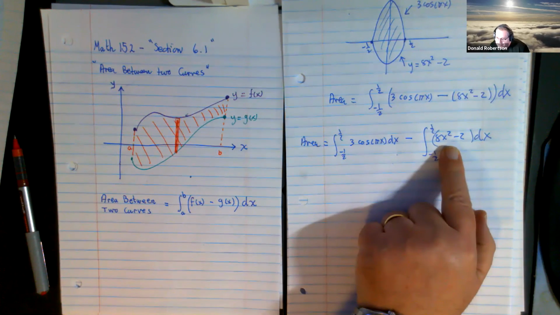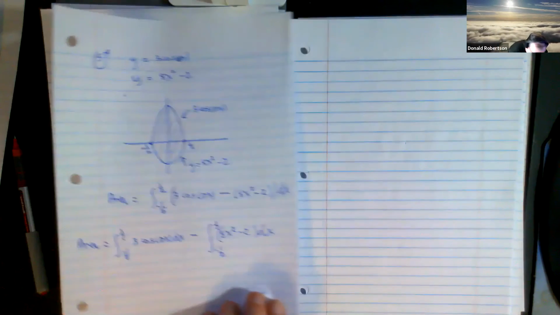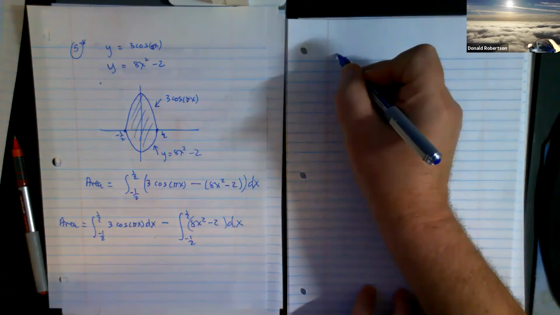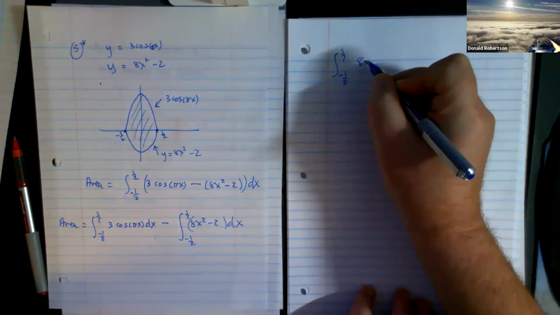Would you agree this piece on the right hand side is just a basic power rule? So I'll get that one down right first. I might actually do this as my working. I might just go over here on a piece of scratch paper.